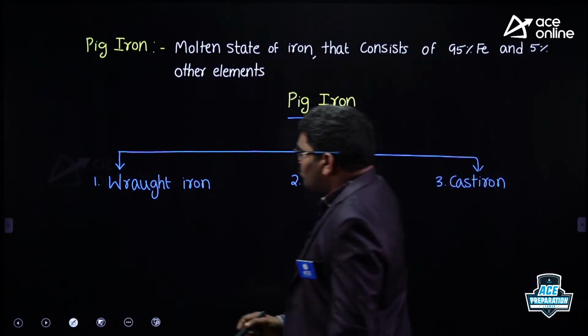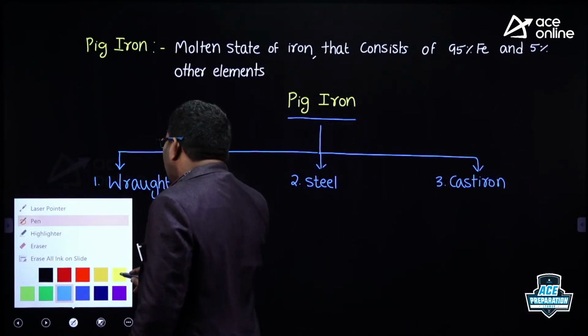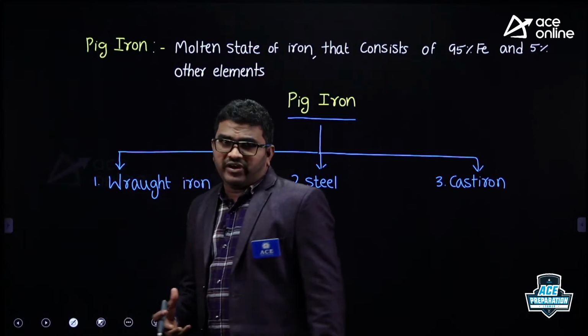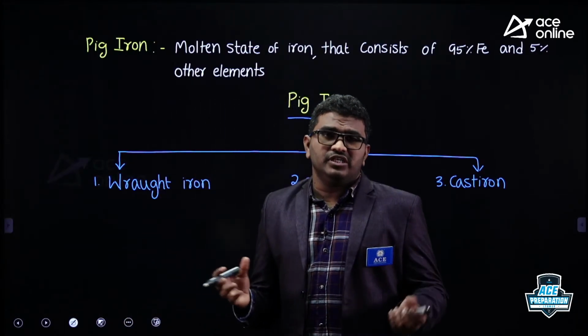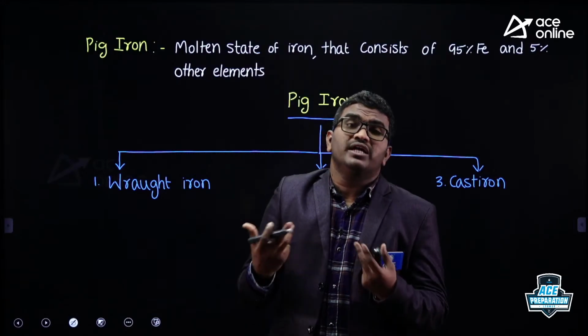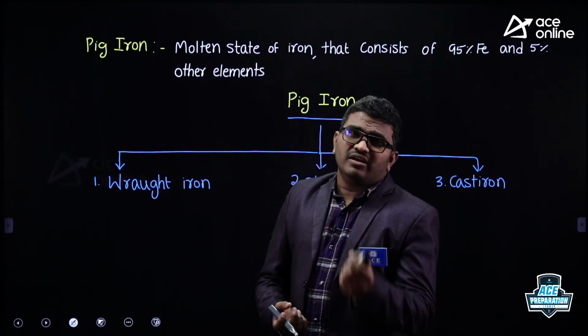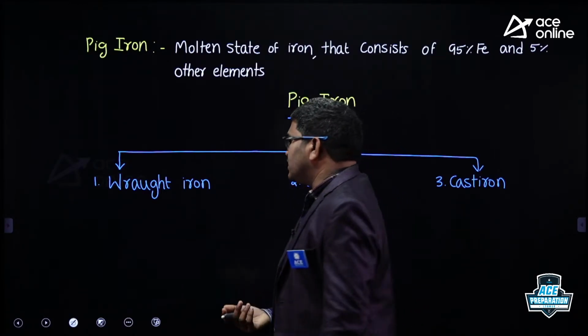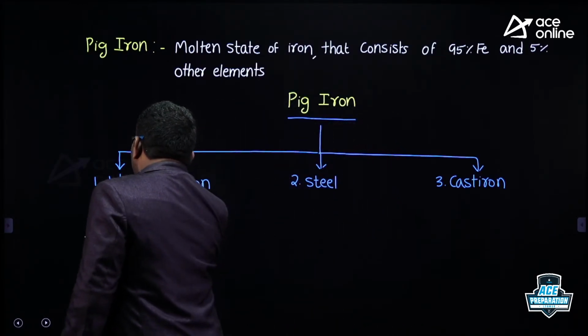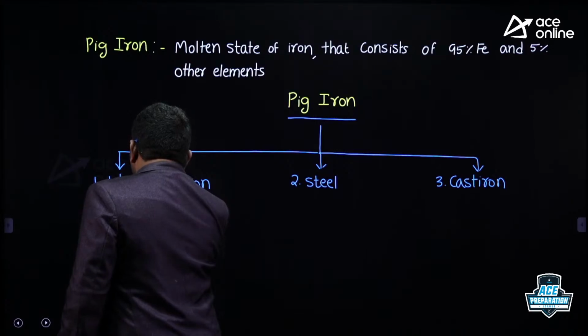So what is wrought iron? Wrought iron is actually a pure form of iron. After removing other elements, it is a pure form of iron. It is a very good ductile material, but some small amount of silica slag is there, silicon is there. This wrought iron is produced from a process called the puddling process.